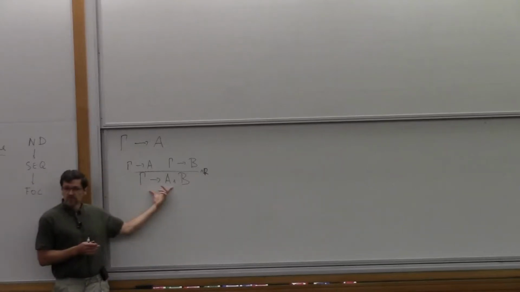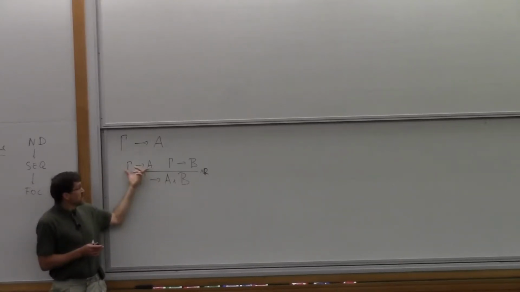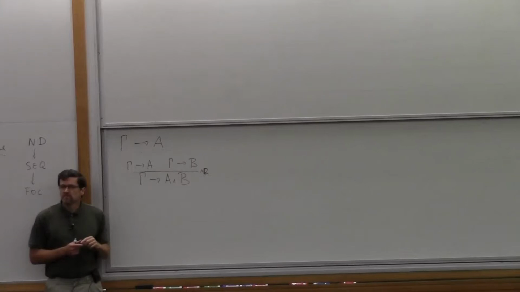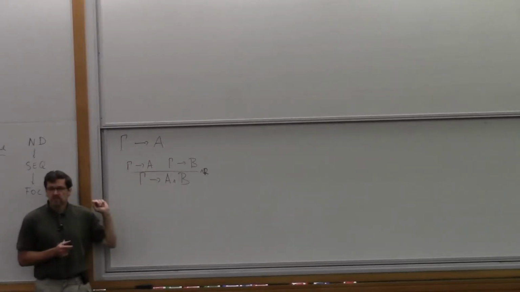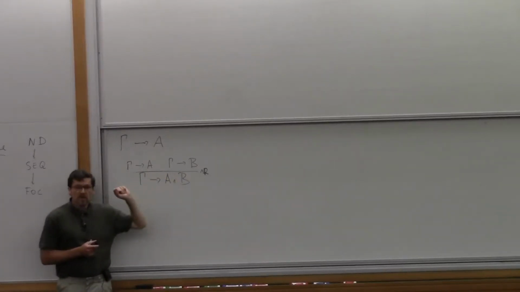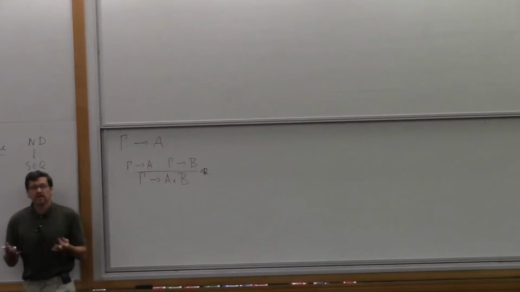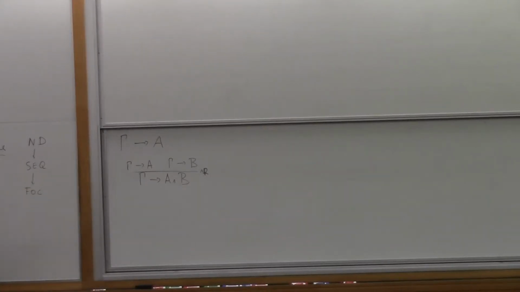Whenever the conclusion is true, then both premises must also be true. Does that make sense? So in particular, if you know A and B, then A should also be true, and B should also be true. And since both of them are true, you're not losing anything when you apply that rule in your proof search procedure, going from bottom to top. Does that make sense? Okay. So that's the easy part.